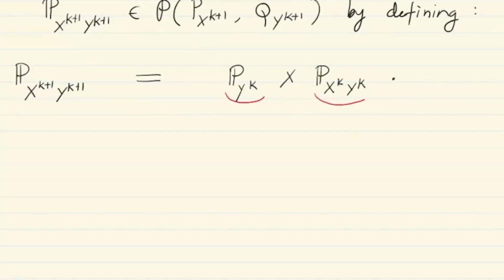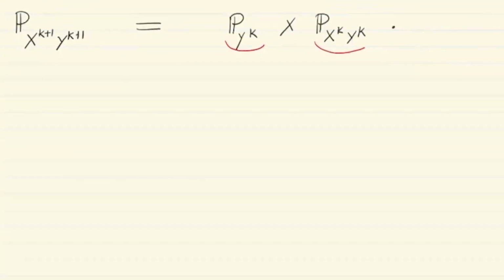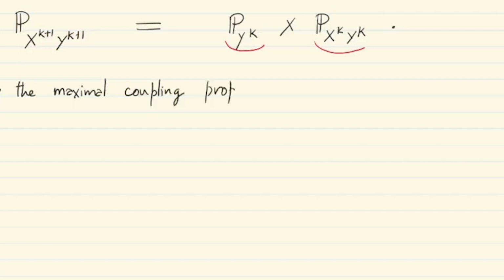So now what we can write is that by the maximal coupling property of the tail coupling p yk, for each possible value of the configuration in the past y superscript k, we have that.